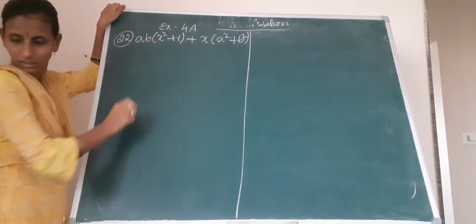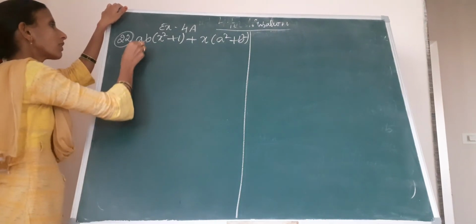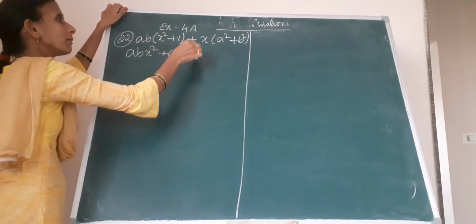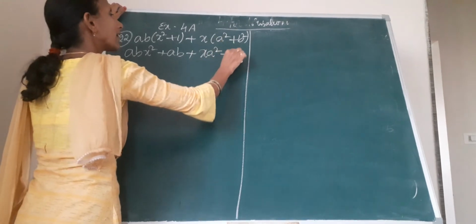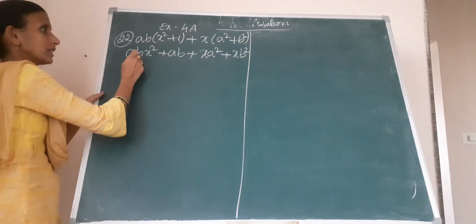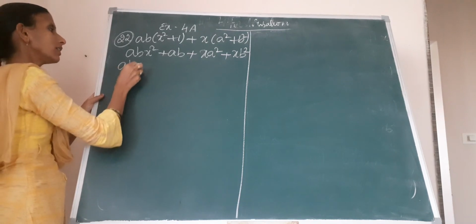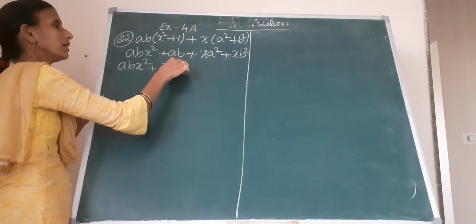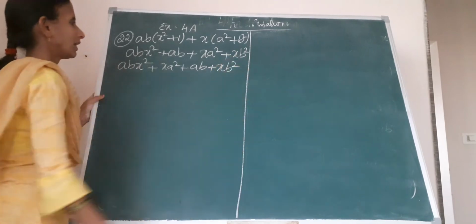So what do we get? ab into x square plus ab into 1 is ab, plus x into a square plus x into b square. Now these two terms we will take as one group. So according to that we will write abx square plus xa square plus ab plus xb square.